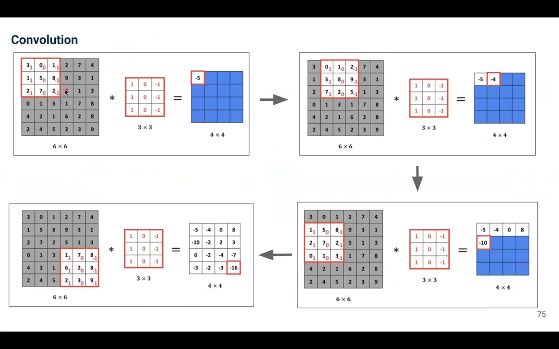So the convolution operation always starts by placing your filter at the top left, and then taking some steps depending on the stride, moving your filter towards the right-hand side and then towards the bottom. It's always from left to right and top to bottom.